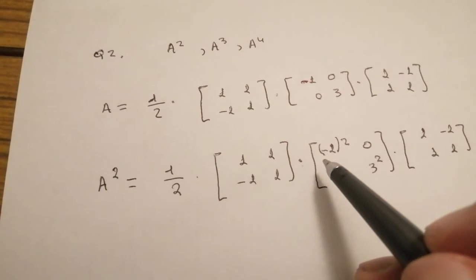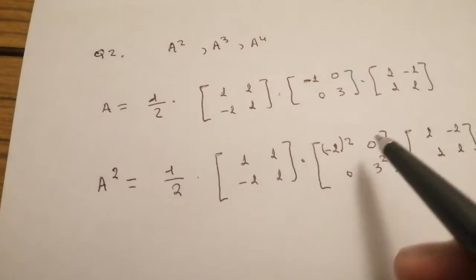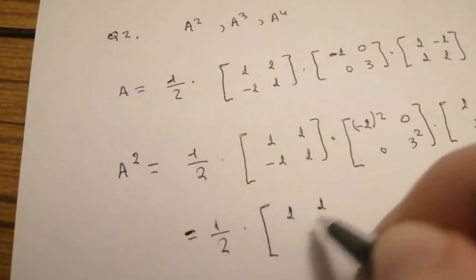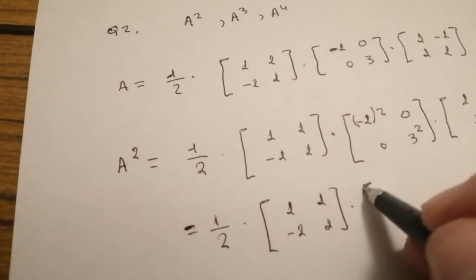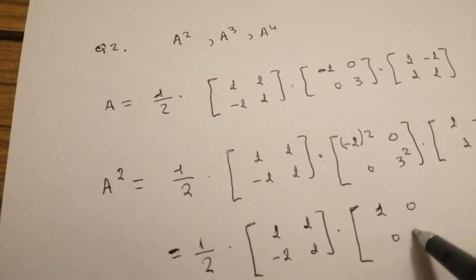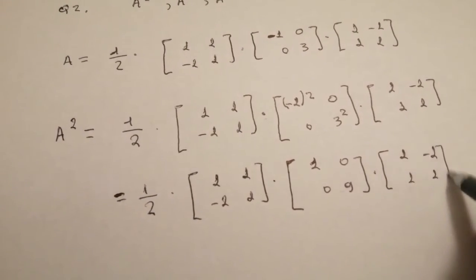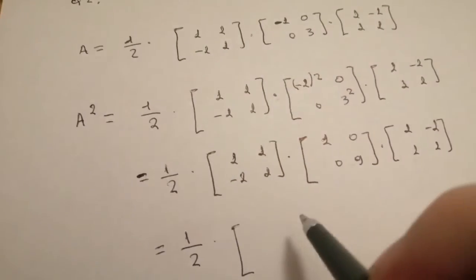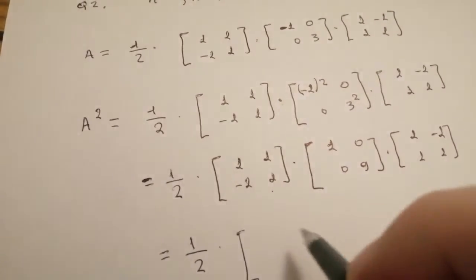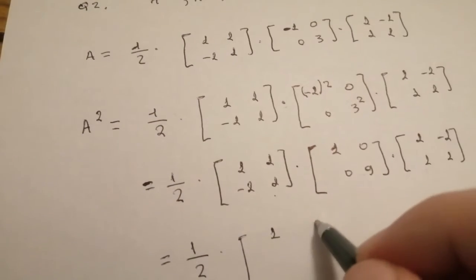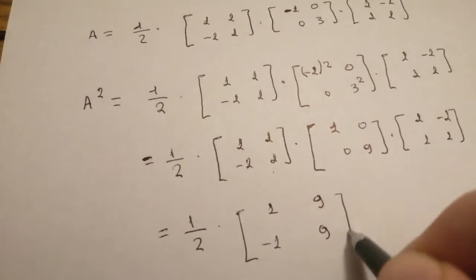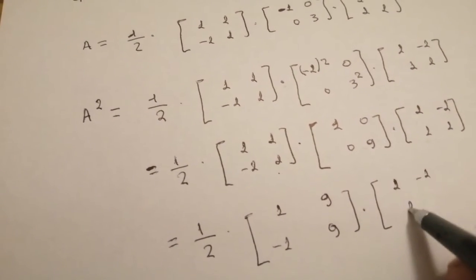So when you just raise the diagonal part to the power of 2, this is 1 over 2 times [1, 1; minus 1, 1] times [1, 0; 0, 9] times [1, minus 1; 1, 1].